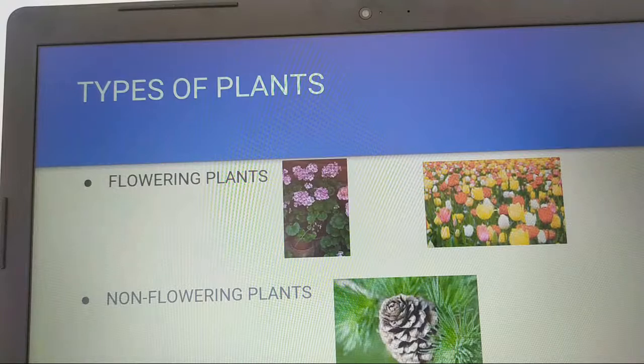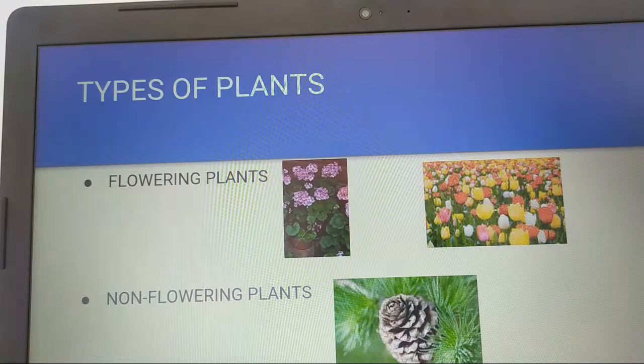Example, rose, which is a very common example, which we always see, and on some occasions, we gift it to different people. Then another example is lily, bougainvillea, etc.